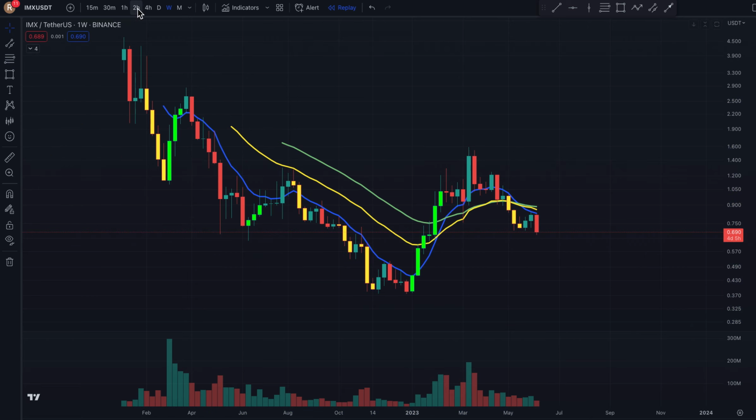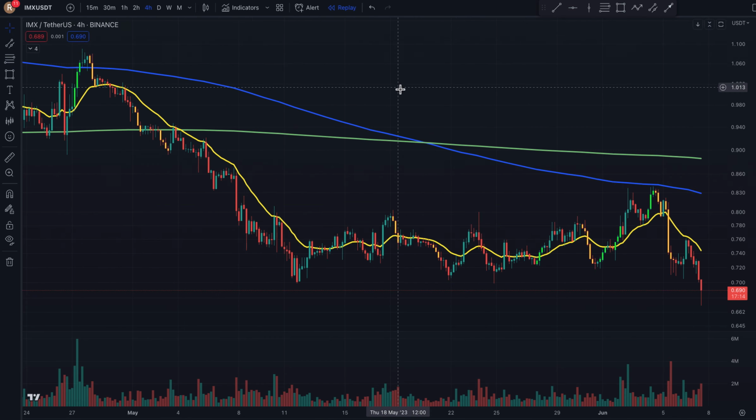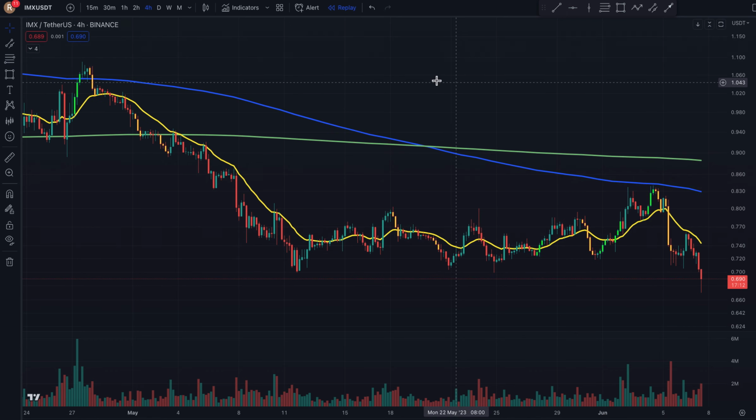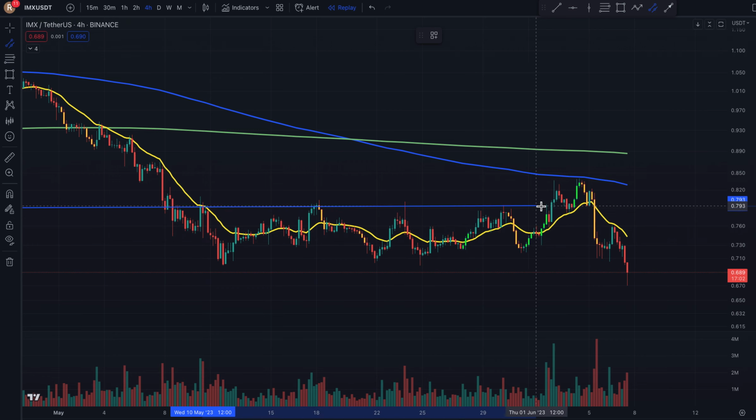Now, honestly, I've been trading IMX and doing pretty well, and I haven't even really been looking at higher time frames. I'll tell you guys exactly what I've been doing. I've been doing things like this, where I'm just trading this range, to be quite honest with you. I did this with OMI when I traded OMI a lot, and I did it very successfully for a while.